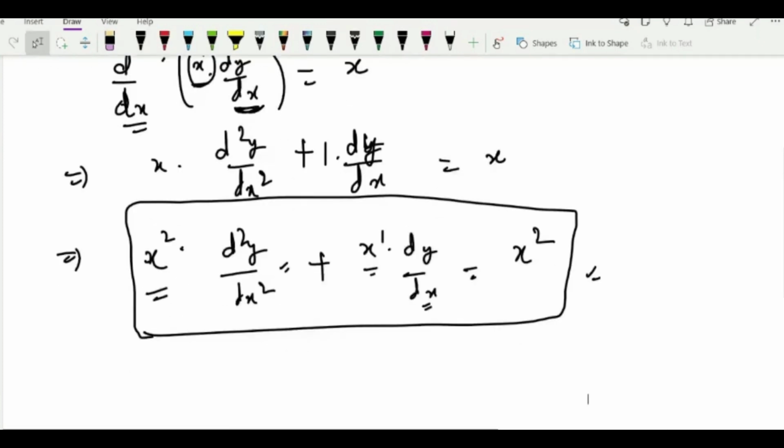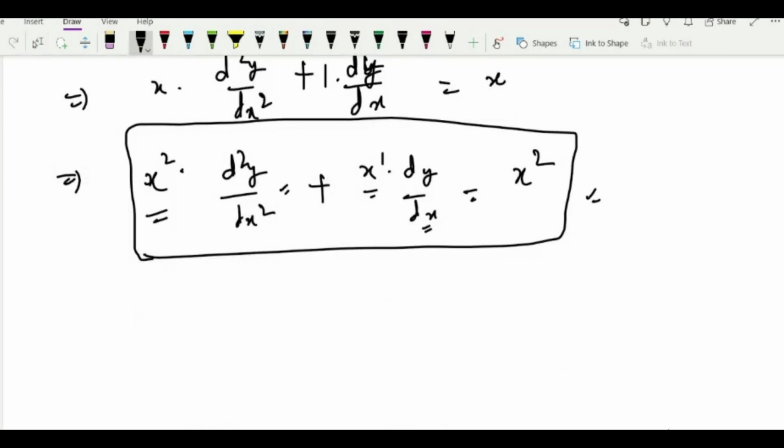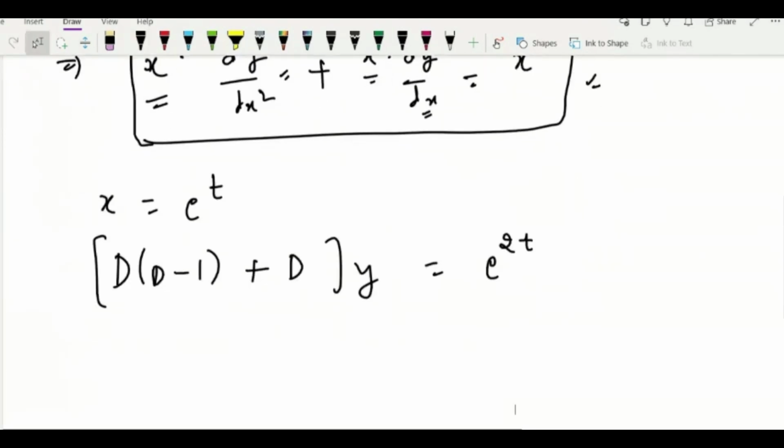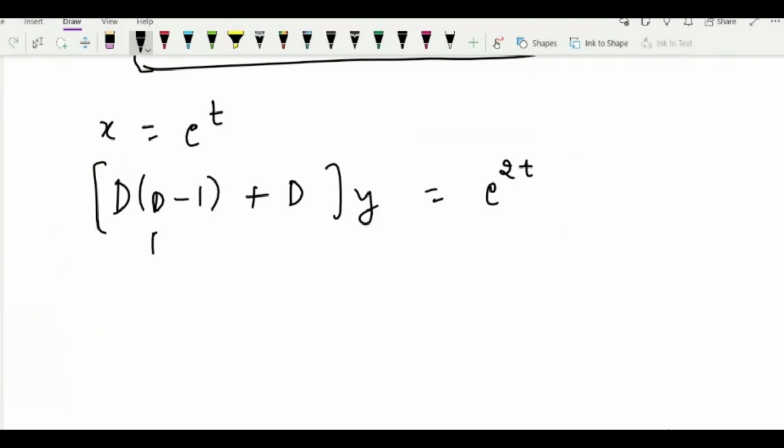For finding the solution, we can just substitute x is equal to e raised to power t. So the equation on the left hand side becomes D(D minus 1) plus D into y is equal to e raised to power 2t. So this is our symbolic form. We can write it as (D square minus D plus D) into y is equal to e raised to power 2t. This will cancel out.